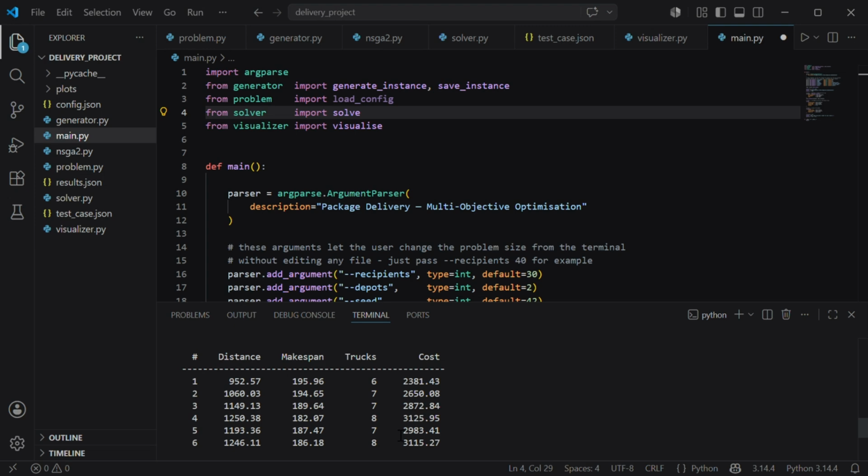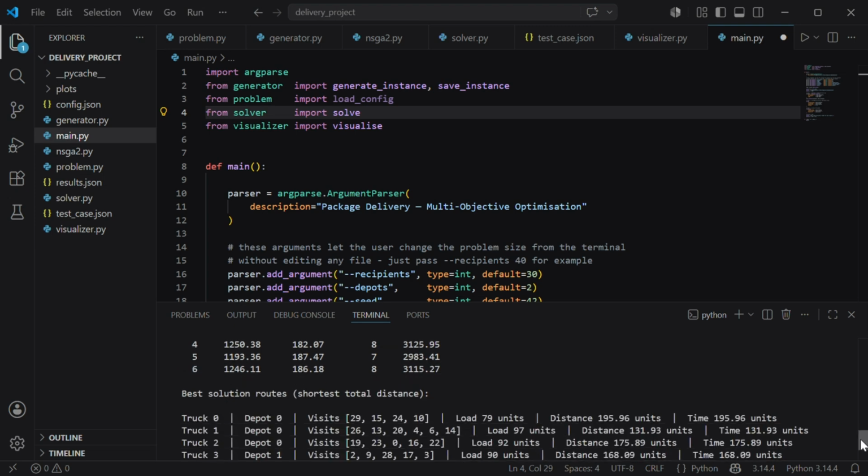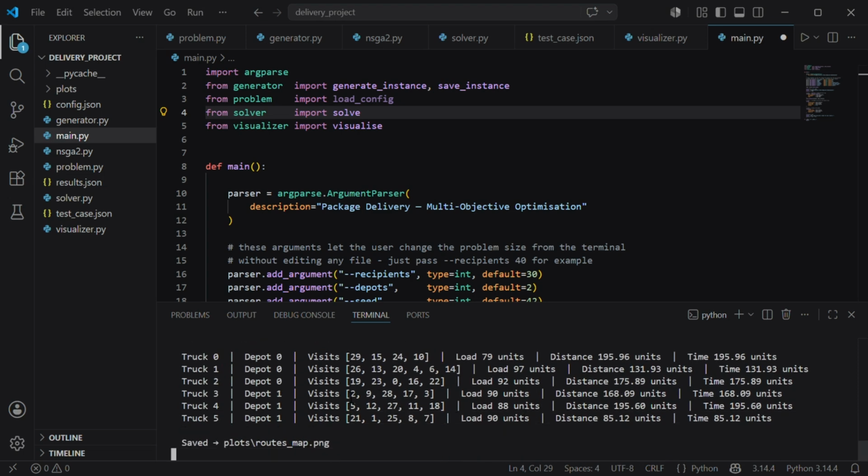And here are the actual delivery routes. For the best distance solution, 6 trucks went out. Truck 0, truck 1, truck 2 left from depot 0.